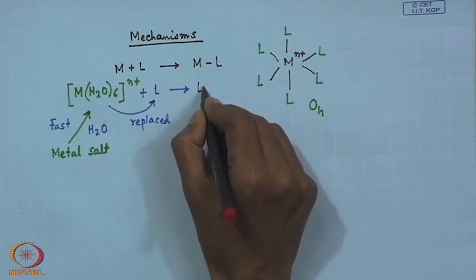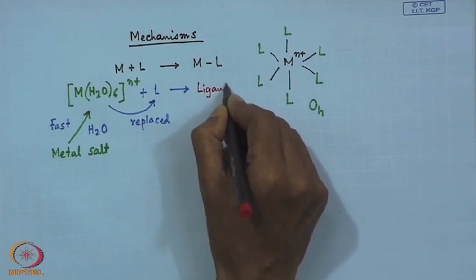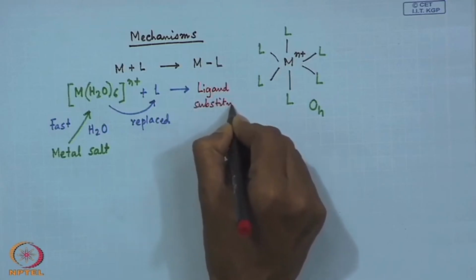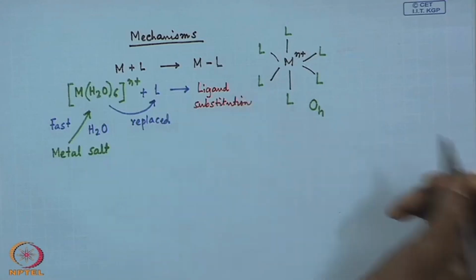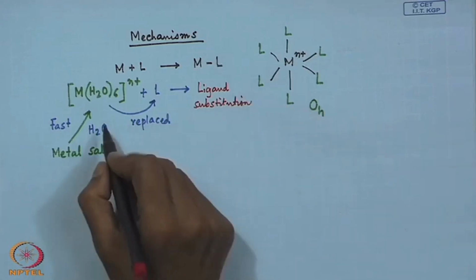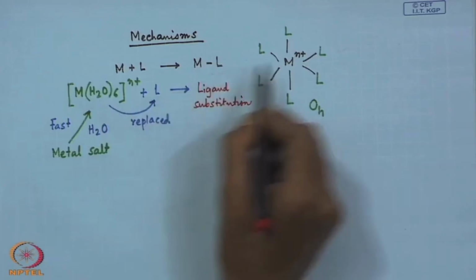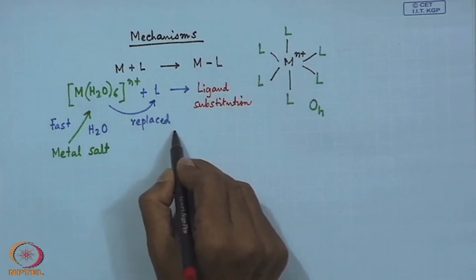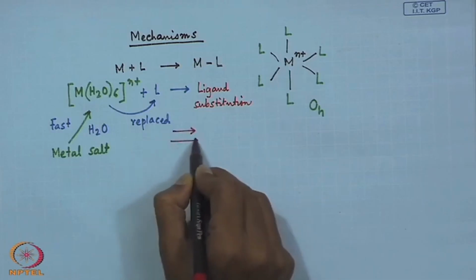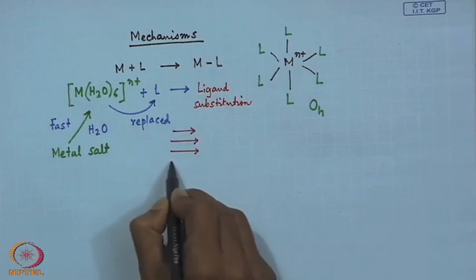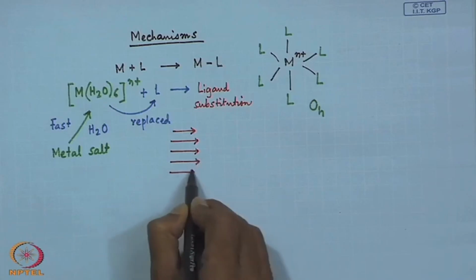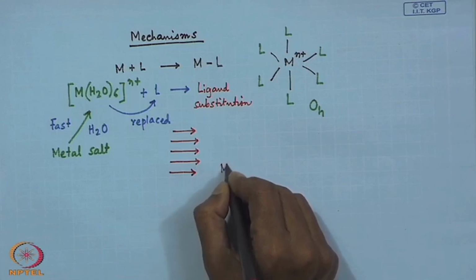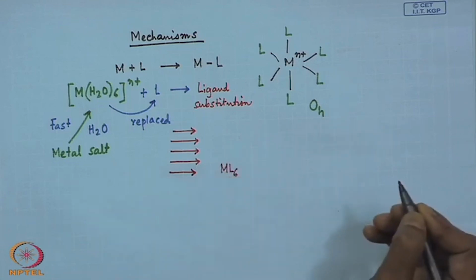So we get a ligand substitution reaction, and for 6 ligands to occupy the positions, 1, 2, 3, 4, 5, 6, we have all 6 steps, and ultimately we get the corresponding ML6 species.